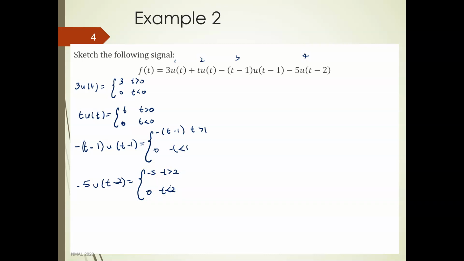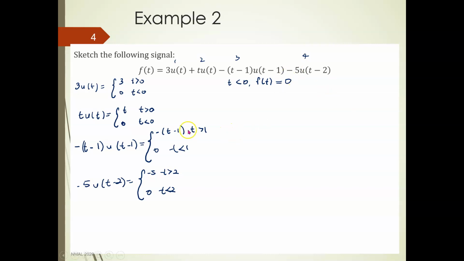And then combining all the signals by range: first, when t is less than 0, f(t), the signal that we need to sketch, is equal to 0. The next time range is t less than 1.